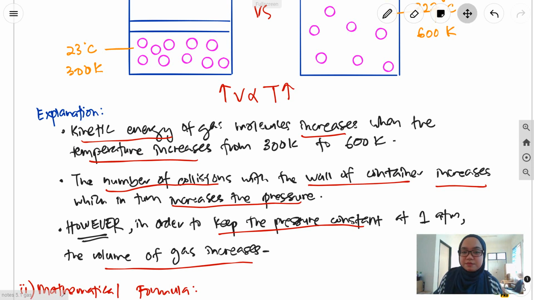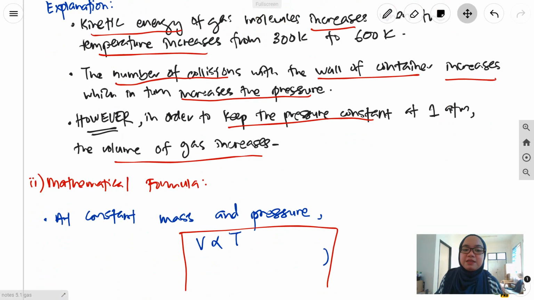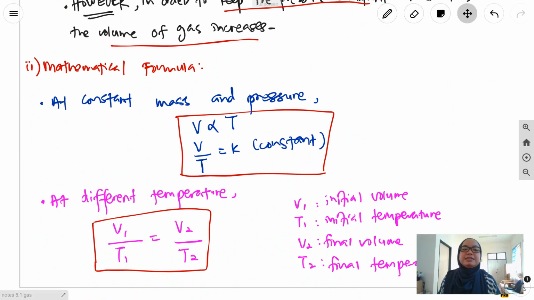I hope that you can grasp the concept of this Charles law. So let's look at the mathematical formula. It says that at constant mass and pressure, the volume is directly proportional to its absolute temperature in Kelvin, and V over T is equal to K, a constant.